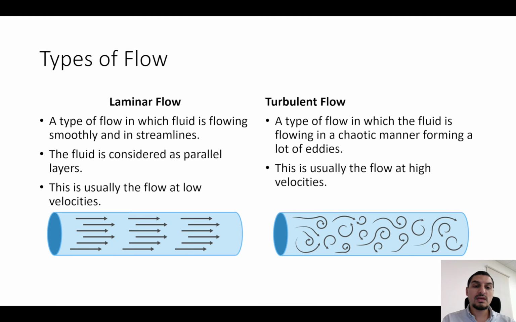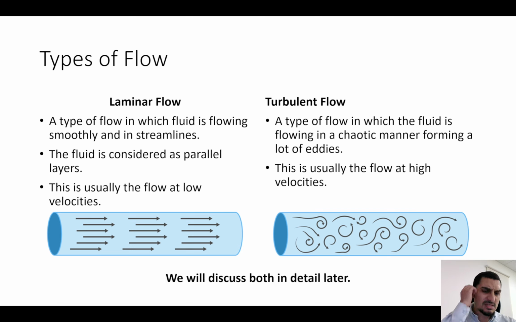And this is usually the case for flow at high velocities. So this is what we need to know about these two types of flows for now. And as I said, we'll discuss this later in chapter 8 when we go through the details of viscous fluid flow.